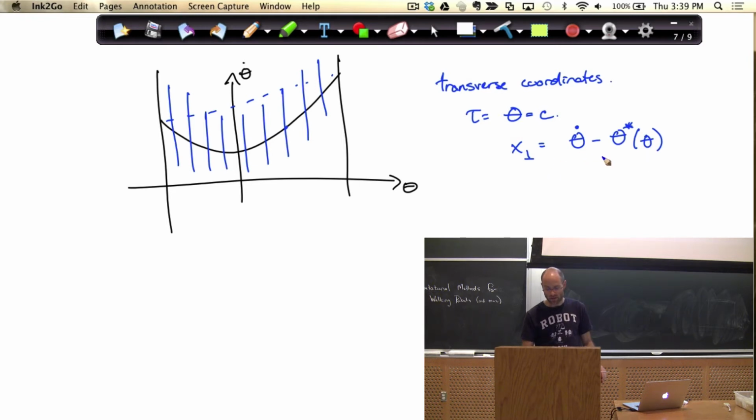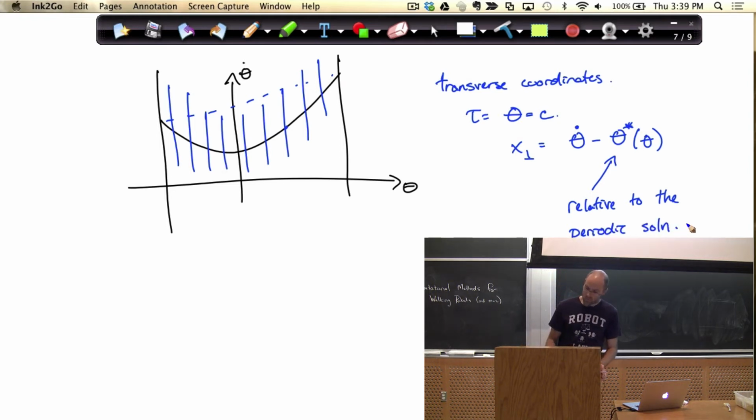And x perpendicular is going to be the difference, theta dot star. Thank you.